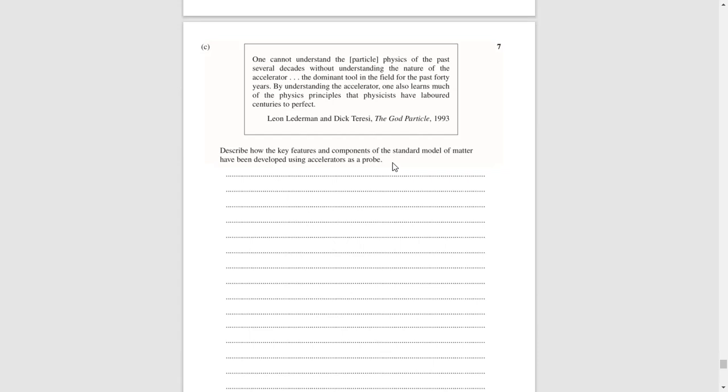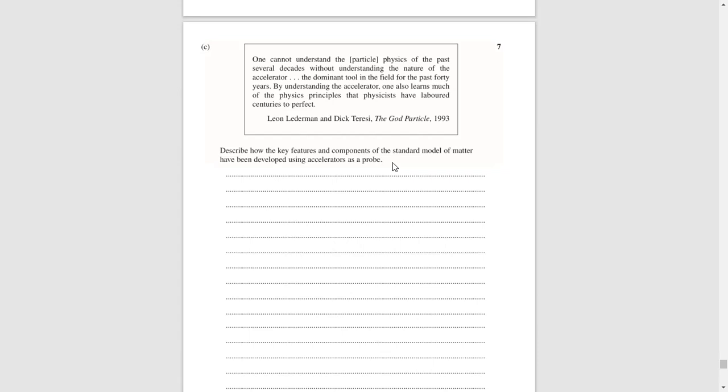By considering E equals mc squared, like mass energy equivalence, and based on the energy levels that you're seeing before and after the collision, you get an idea of the mass of those particles. And through repeated collisions and analysis of that data, you are then able to get data to support the standard model of matter.